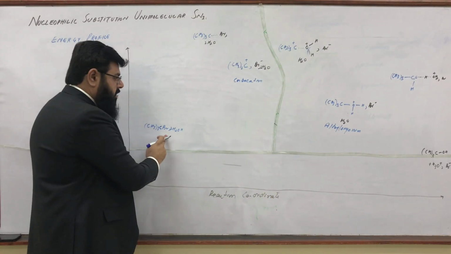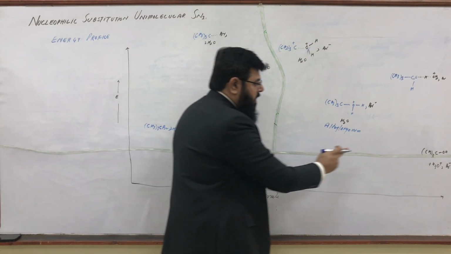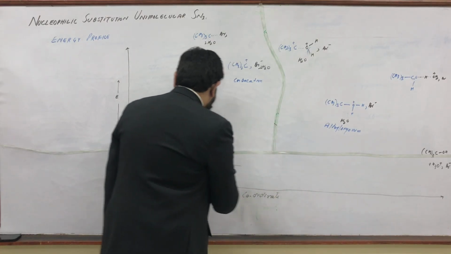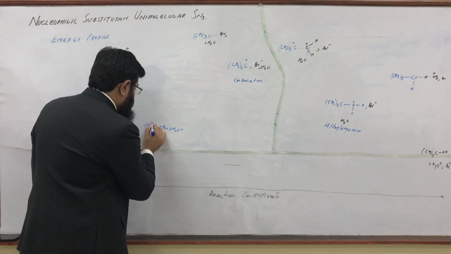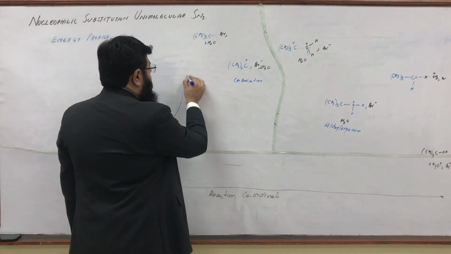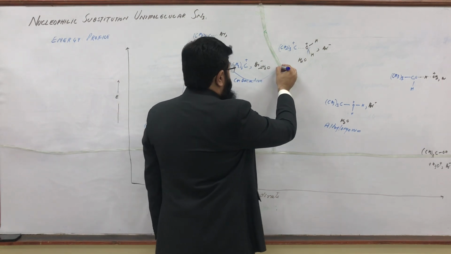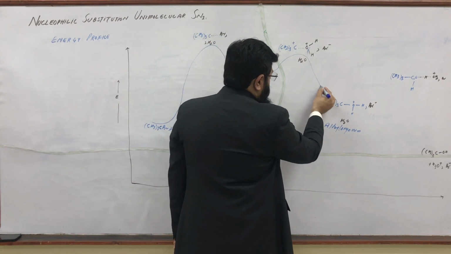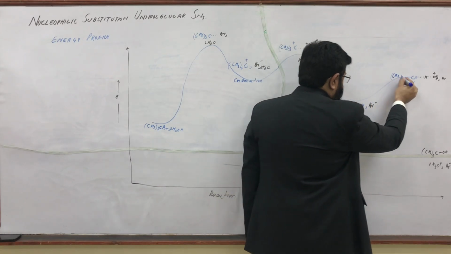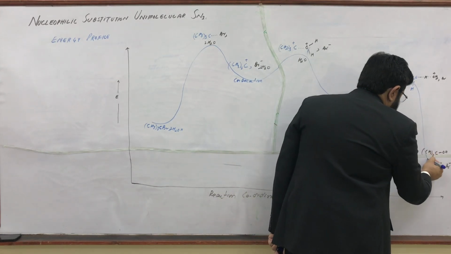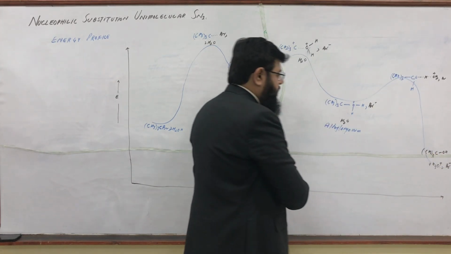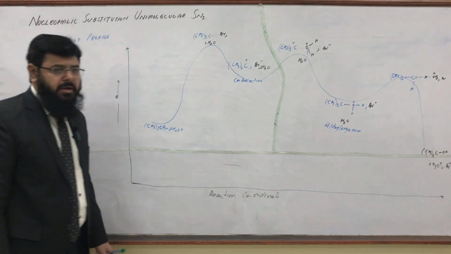Overall, we can see the energy of reactant is higher as compared to product. So we can connect these species by graphical representation. We can see the energy is increasing, decreasing, and ultimately the product has the lowest energy. This is called the energy profile diagram.